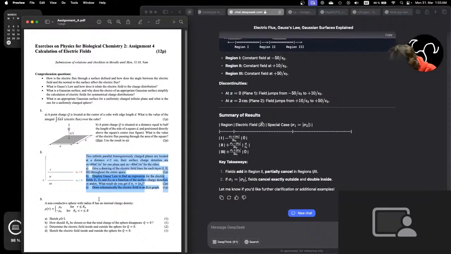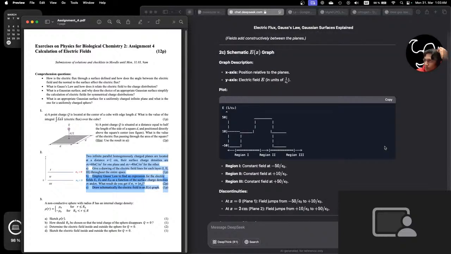Draw schematically the electric field in an E versus x graph. Okay, shit's getting more interesting. You gotta draw the E-x graph.